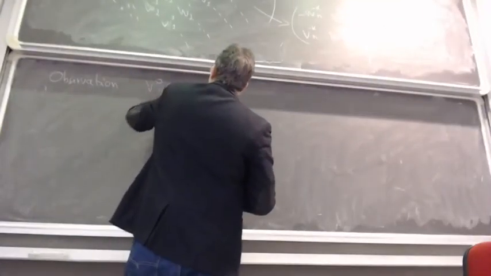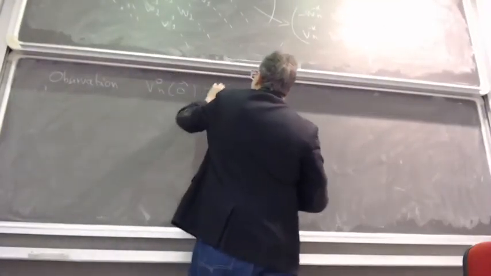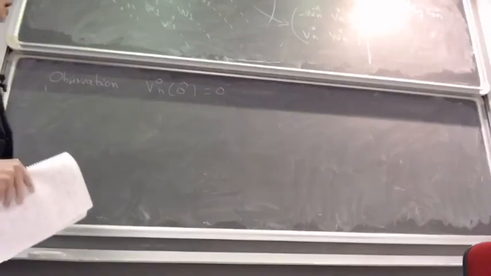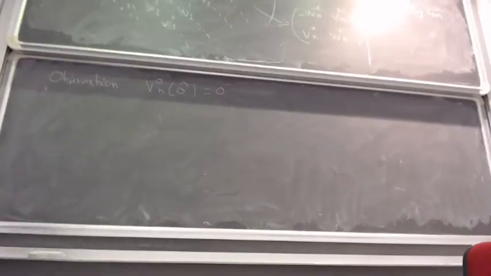So the first observation is V0n calculated at 0 is equal to 0. Okay, by a similar argument, you're integrating an odd function and it is equal to 0.